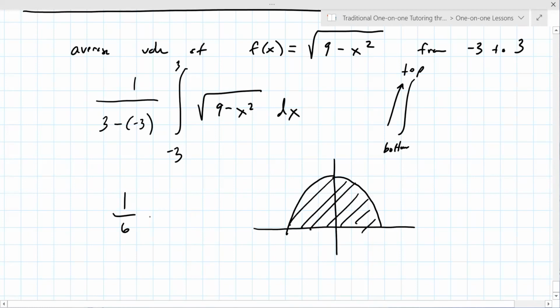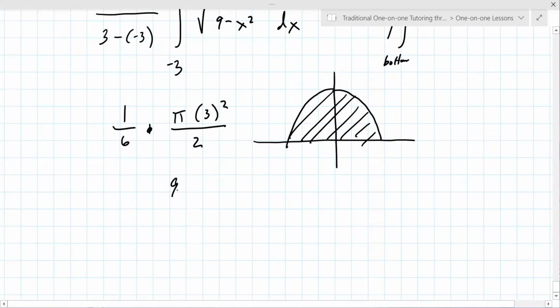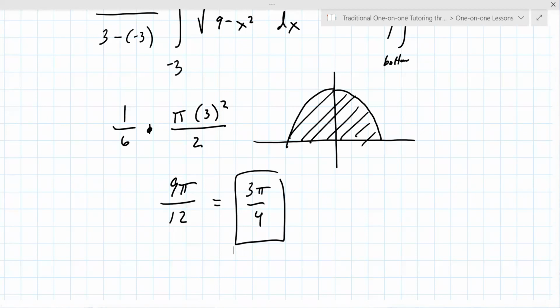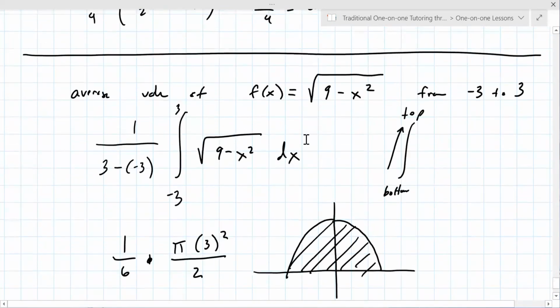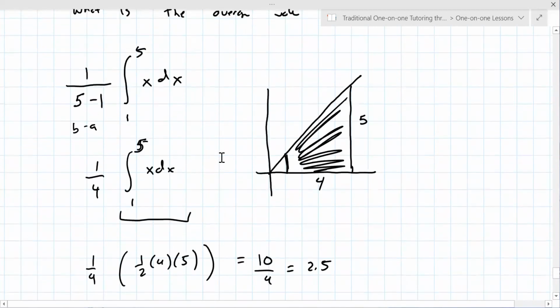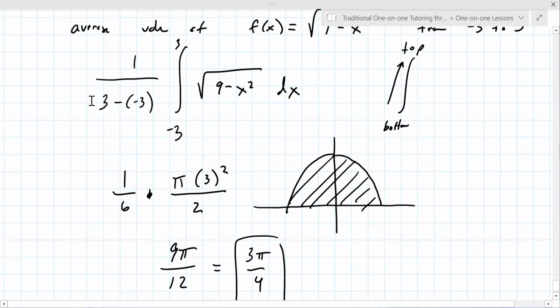Then it's pi times 3 squared over 2, so 9 pi over 2 times 1/6. See how these can build in things that you've already learned about, but the average value just adds this part in front.